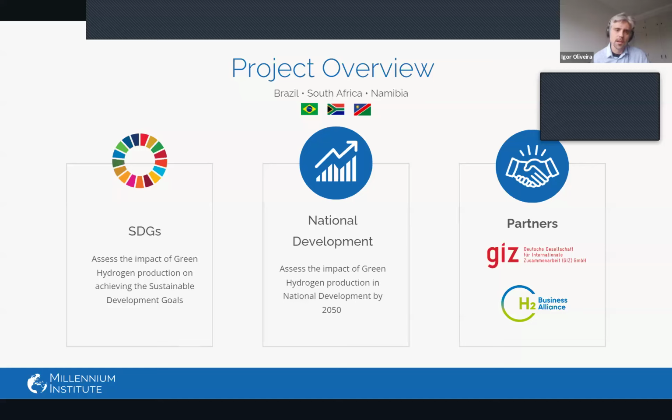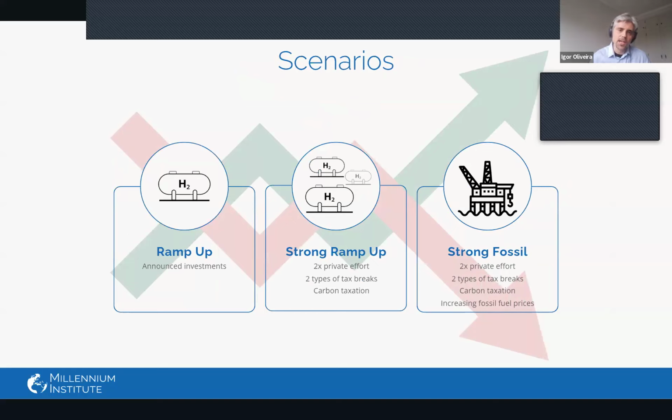So what we wanted to do was to investigate the impact of green hydrogen on the sustainable development trajectory of these 3 countries. So we had a base scenario, which was with the investments into green hydrogen that are already announced in these 3 countries.